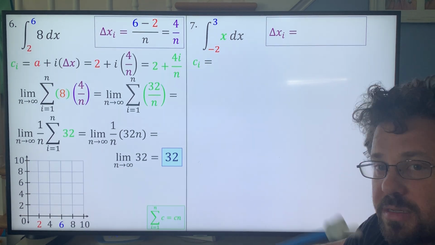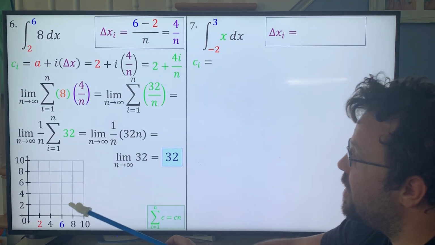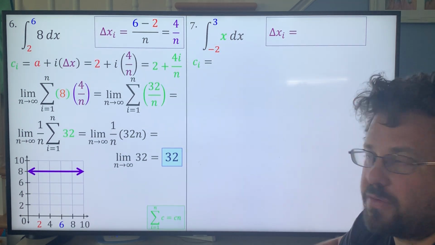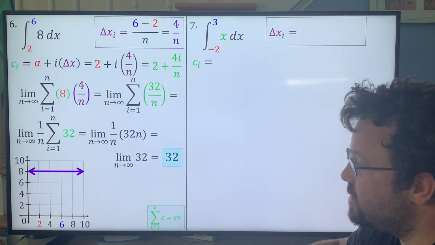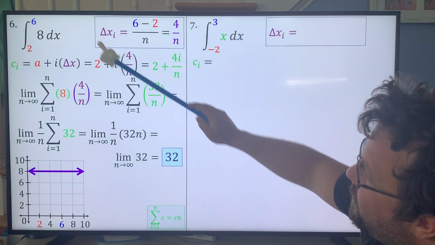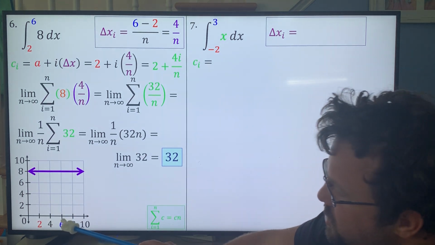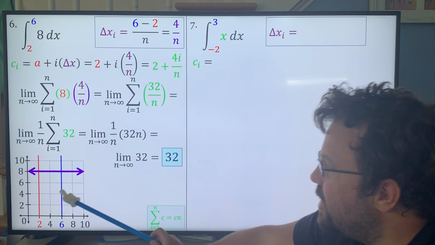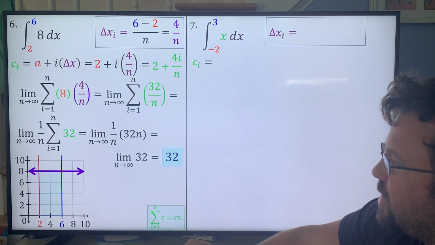You want to prove this? I always like to prove these sometimes by just showing you the graph. If I was going to graph 8, that's the graph of 8, right? It's just a horizontal line where y, or f of x, always equals 8. If I'm going from 2 to 6, I want to know pretty much the area of that little thing right there, that light blue section.